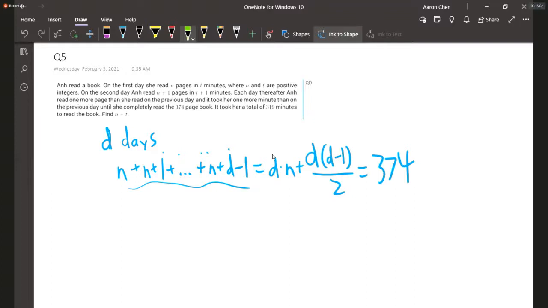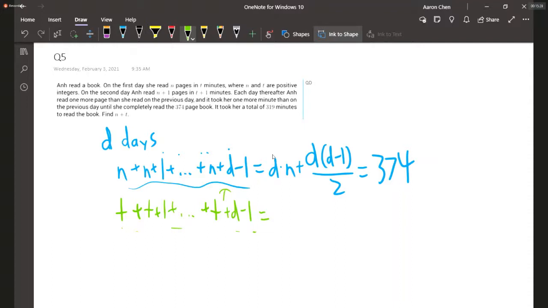And then now we look at the time that she took to read the book. On the first day, she read for t minutes. On the second day, she read for t plus 1. And all the way to, similarly to the end pages, on the final day, she reads for t plus d minus 1 minutes. And we can split this sum in an identical way to the one up here.